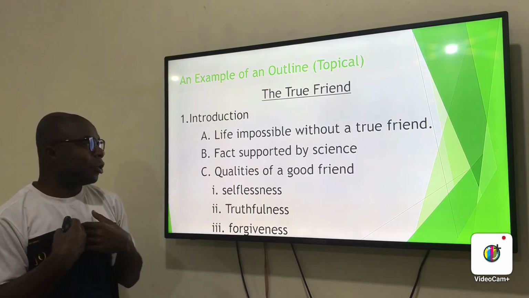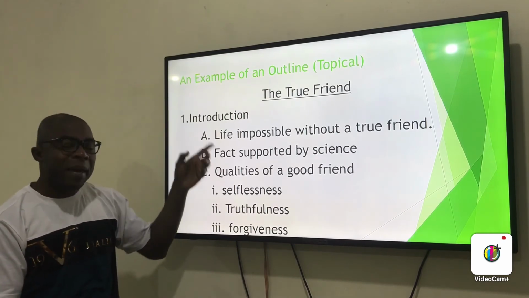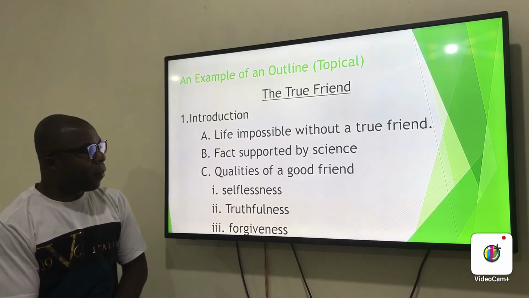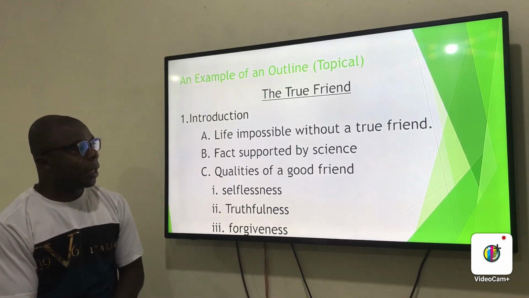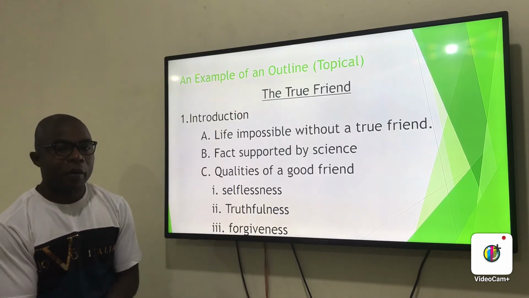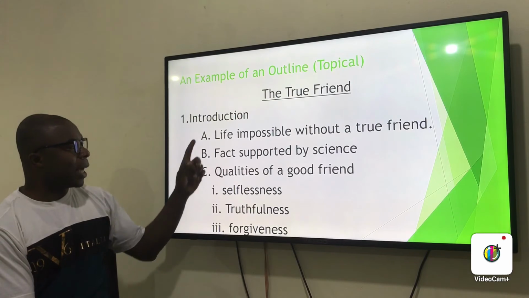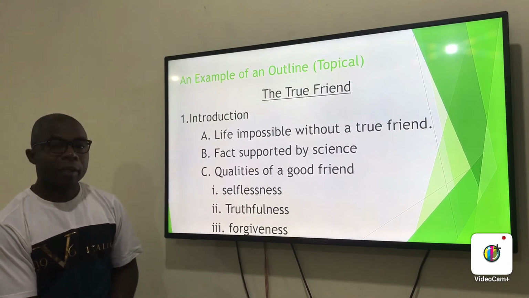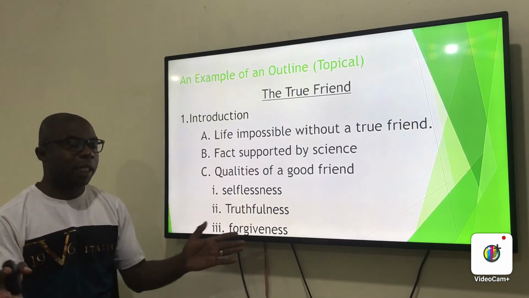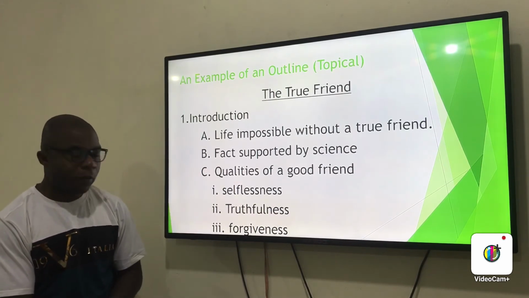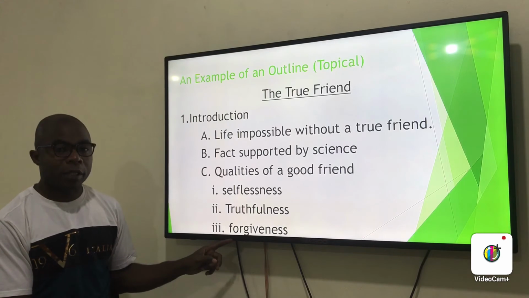And then I choose to put my major points into the capital letters of the Roman alphabet. So we have a capital A, capital B, capital C for the major points. And I chose to use the lower case of the alphabet for the minor points.